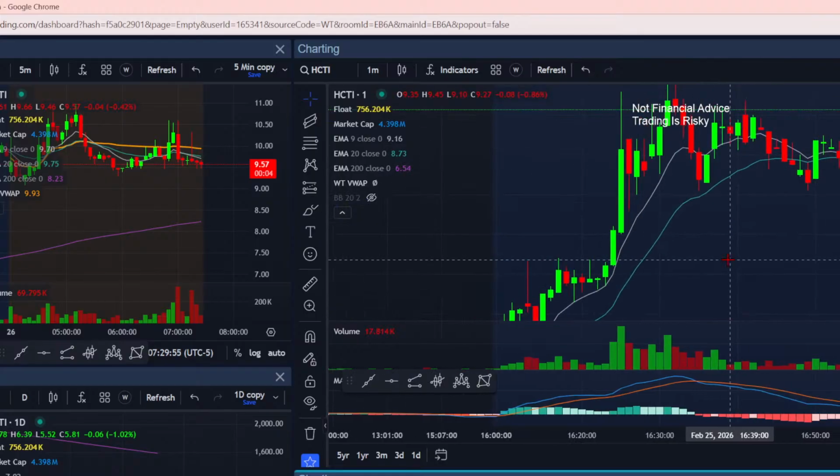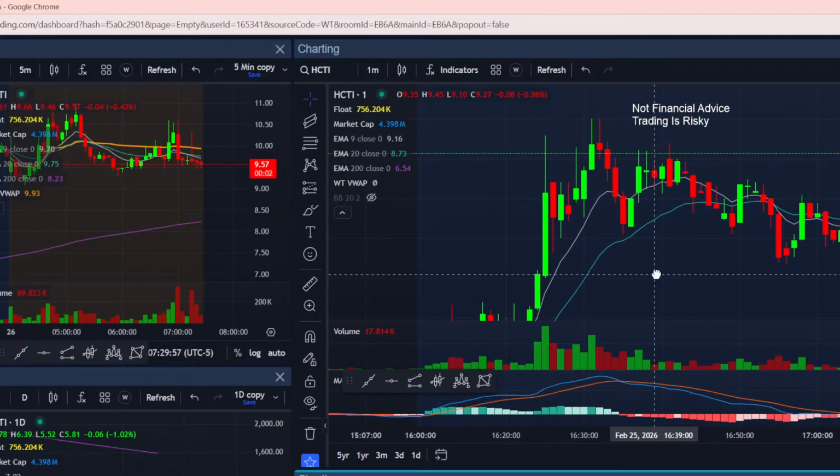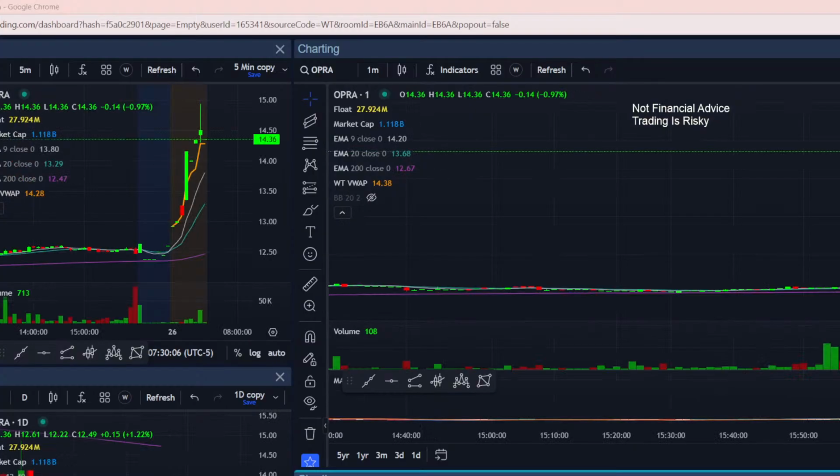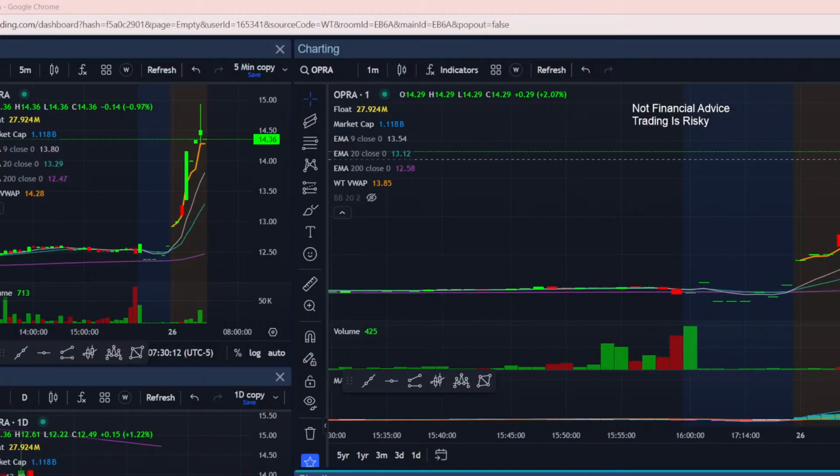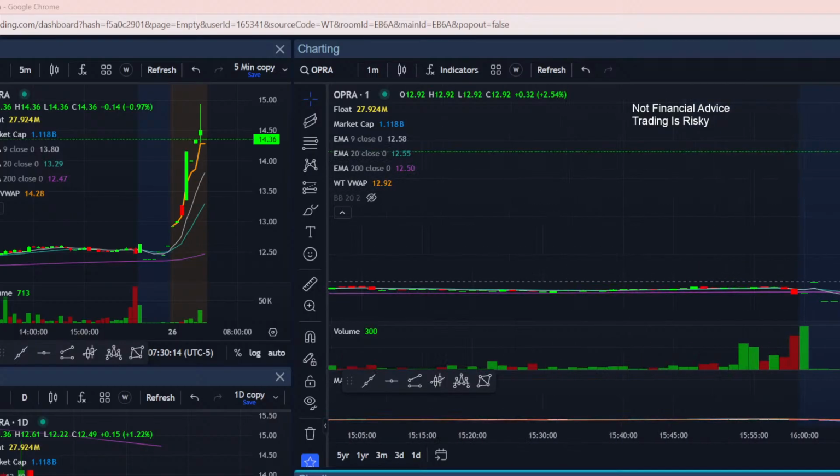Oh, was it a candlestick or was it a chart? Oh, I remember. I know which one. This one. This one? No. Also, why is that one like that? That's what I'm saying.